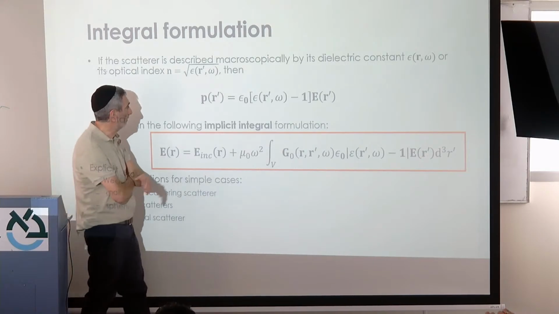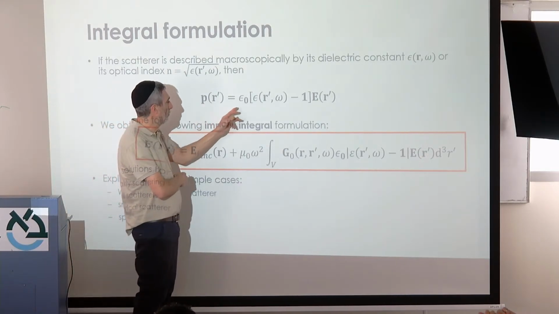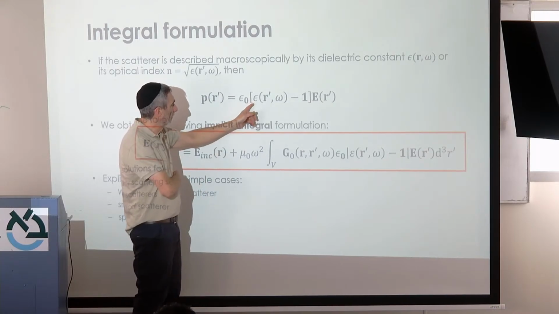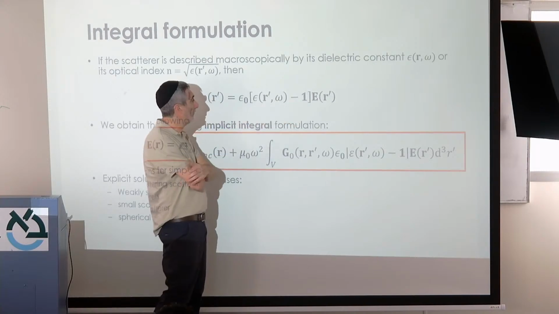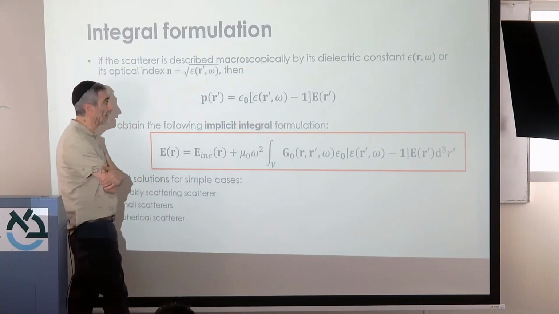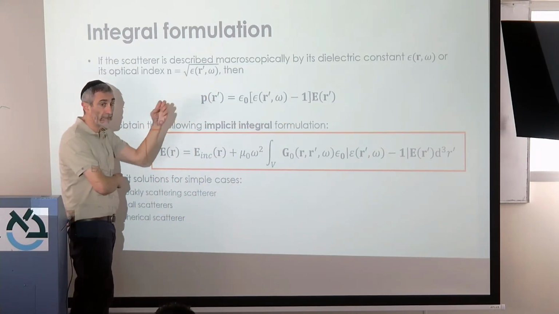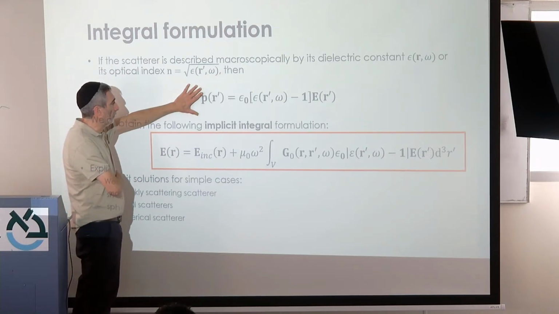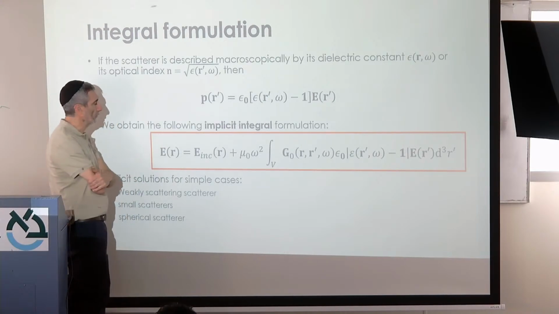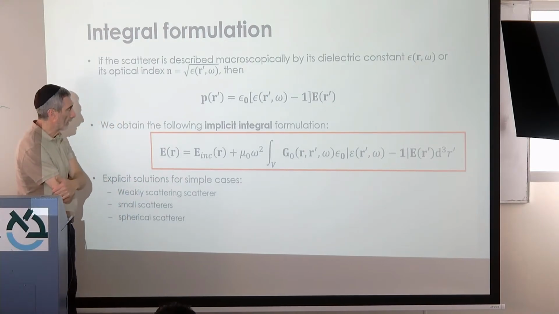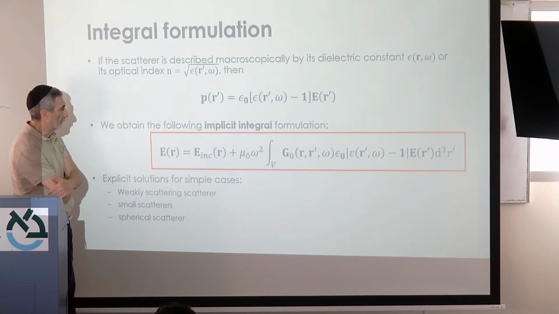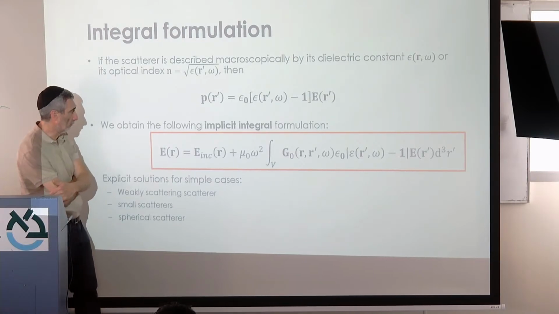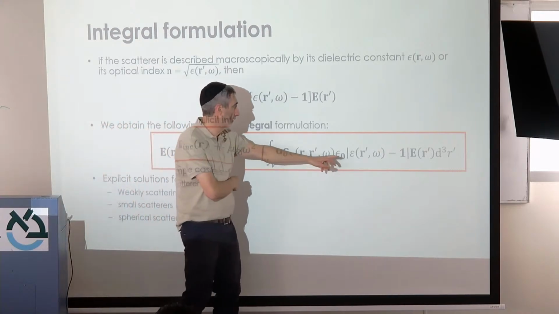You can write that P is equal to epsilon 0 times epsilon minus 1 times the field inside the scatterer, where R prime is inside the scatterer. This is a well-known relation of the polarization related to E. So if you just replace that inside the equation, it is replaced here.